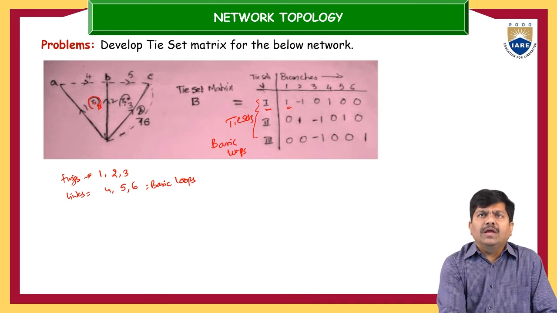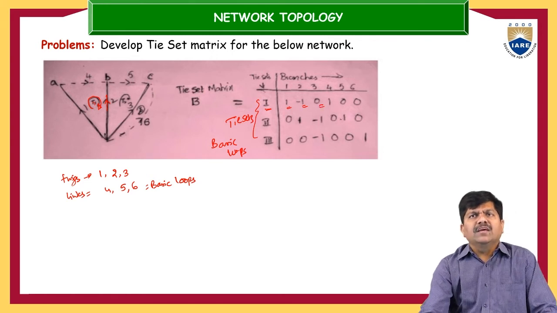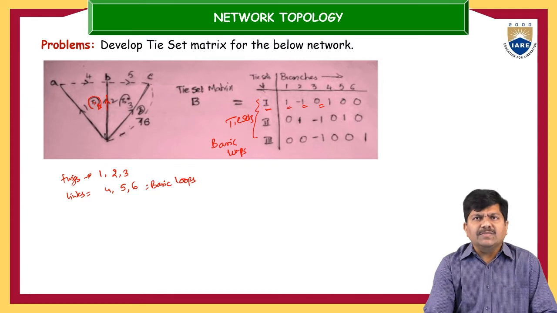Element number 2 is this; it is in the opposite direction to the first tieset, so we get -1. Tieset 1 and element number 3: element number 3 is here, so there is no incidence at all. Like this, we can proceed and fill this tieset matrix with +1, -1 or 0.